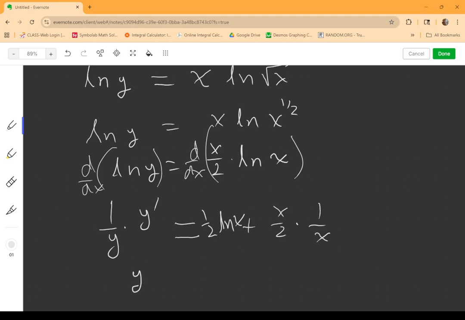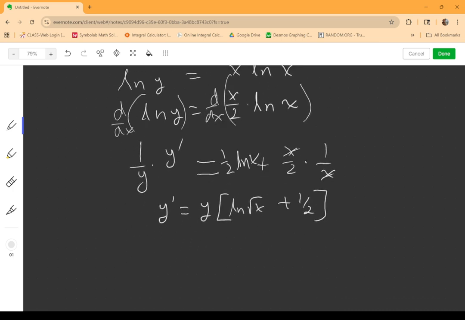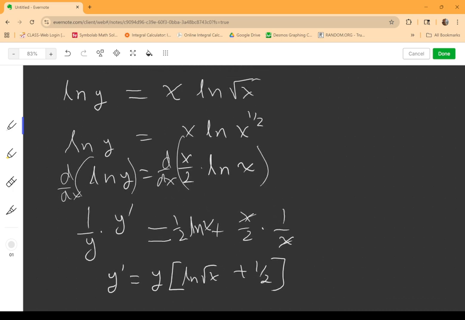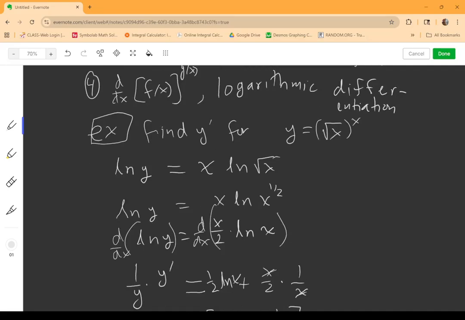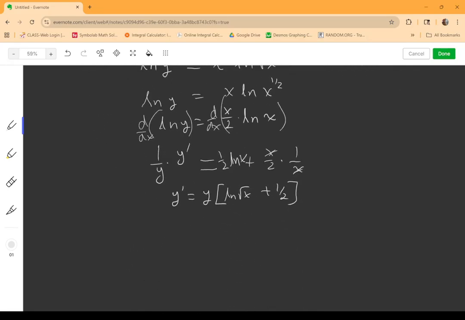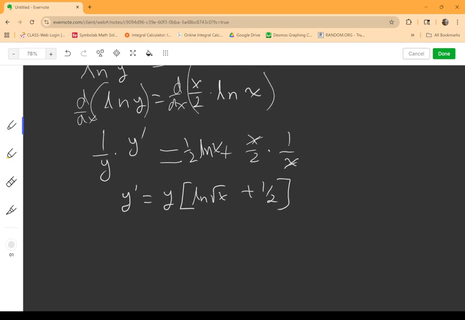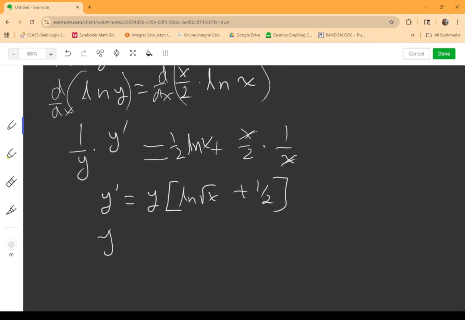All right, and then simplifying this, I want to find y prime, so getting it by itself, we get y times the quantity. And notice 1/2 is an exponent, right? The coefficient becomes an exponent inside the logarithm, so we get ln root x. Here the x is reduced to 1 plus 1/2. And we can leave it like this, or recall what y is equal to from our function. y is root x raised to the x.